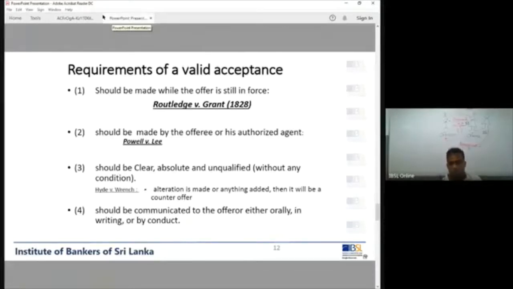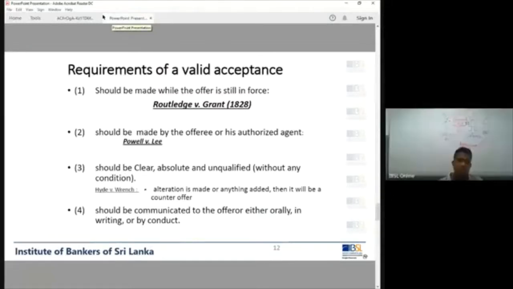So those are the words that she has used. What does it mean? That means she is still considering. She would like to accept, but she has not finalized it. So it is not clear to the offeror whether she has accepted my offer or not.